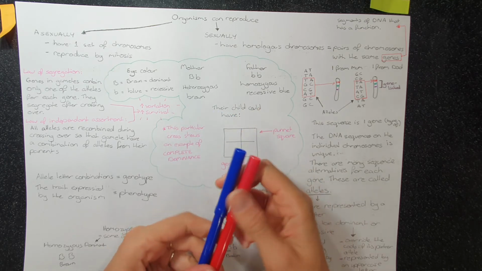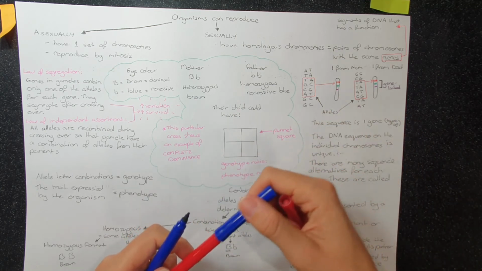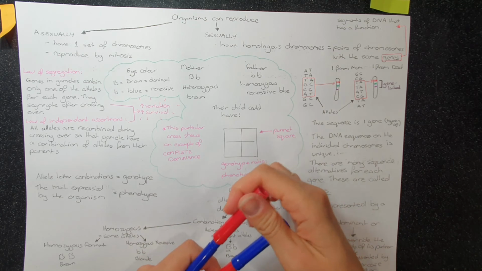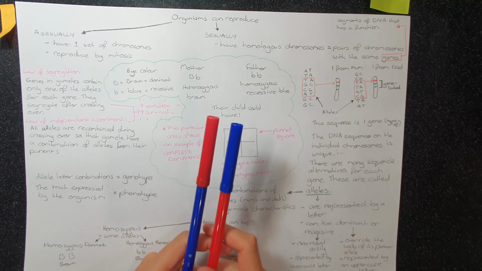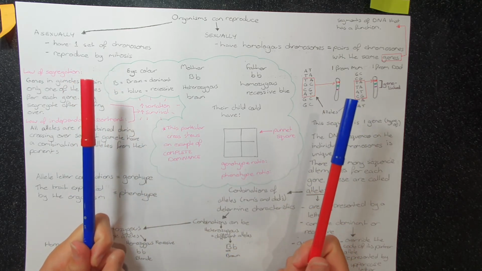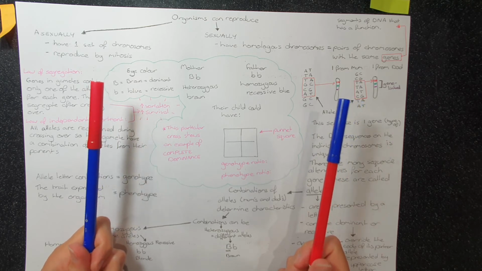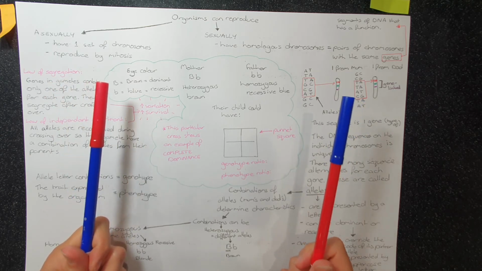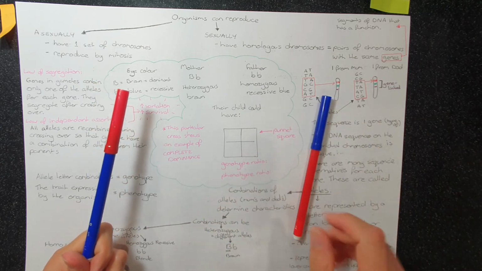So when they're swapped around, some alleles will jump from one chromosome to the other. And then when those chromosomes are pulled apart to make an individual gamete, remember, gametes are only allowed to have one chromosome in them, so that when they combine with the egg or the sperm, they create a full set.